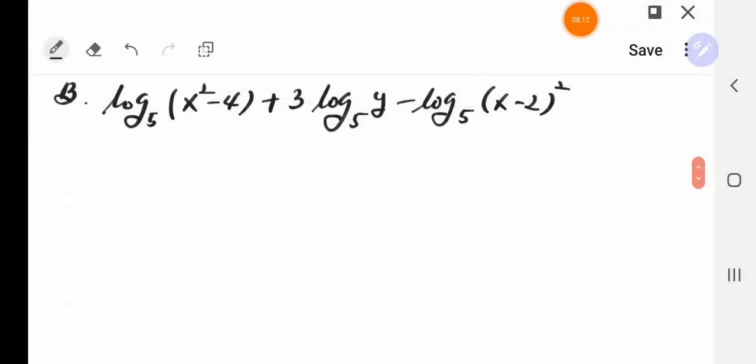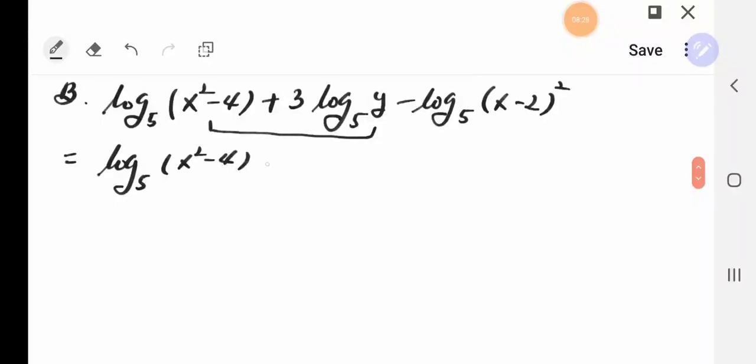Okay, for this example, the logarithm has base 5, so we can put everything together. One is addition, one is subtraction. So let's put this addition together, then there will be a product, x squared minus 4. Before we do this, the second term, let me change this.